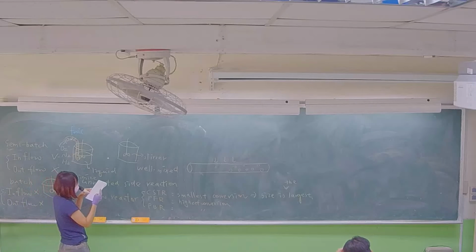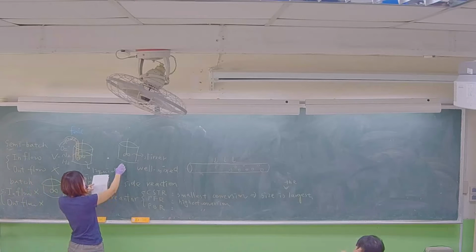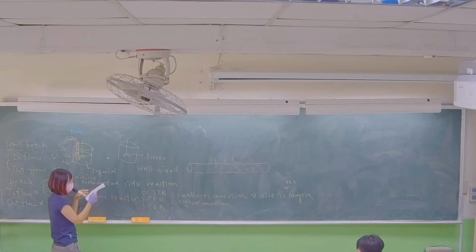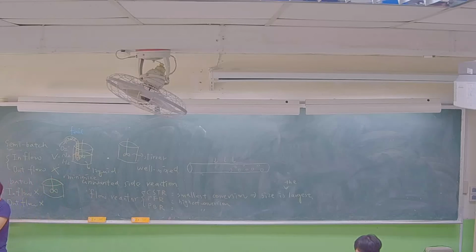The configuration of the tank is just like CSTR, but there are several solid catalysts packed inside. So the advantages are similar to CSTR because the configuration is CSTR. First one, well mixed, good temperature control, and it can handle large amounts of feed.